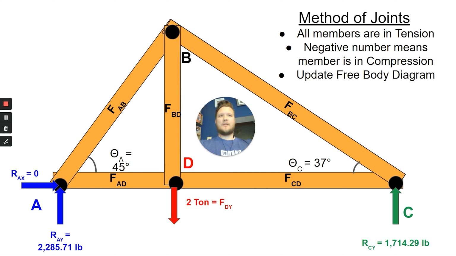When that happens, we have to update our free body diagram and adjust which way our arrow's pointing. I know that sounds confusing. Seeing it as we walk through it here is going to make a lot more sense, I promise.